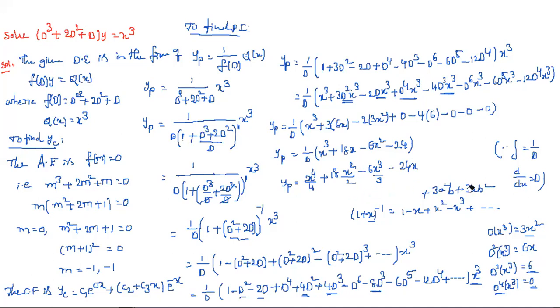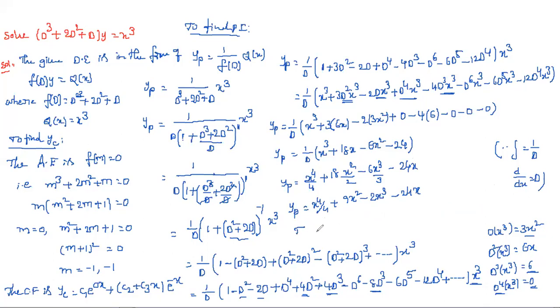Now here it is. So what we got after cancellation of terms, yp is equal x power 4 by 4 plus 9x square and this is 2 times x cube minus 24x. This is yp.